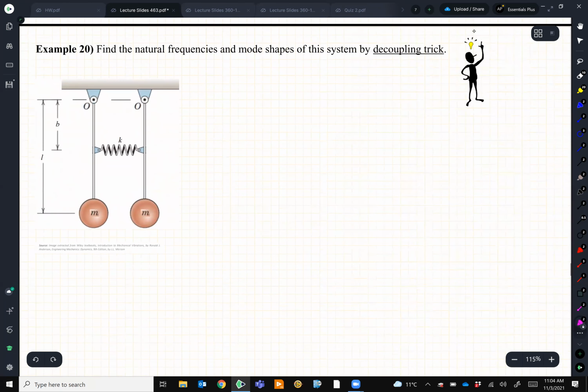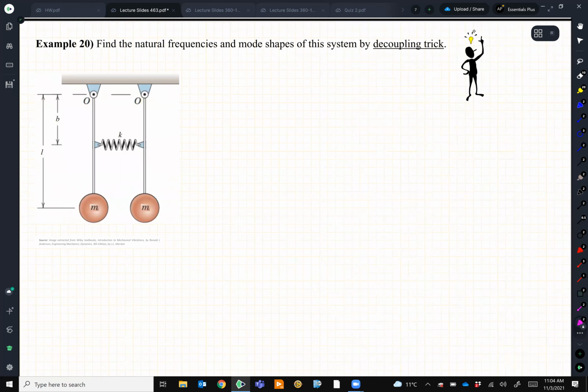Now let's do the same thing with example 20. So we have two identical pendulums with a spring in the middle. If we ask ourselves what this system would naturally like to do, because there is no difference between the pendulum on the left and right, maybe these two pendulums like to move left and right together, exactly the same in a perfect world.